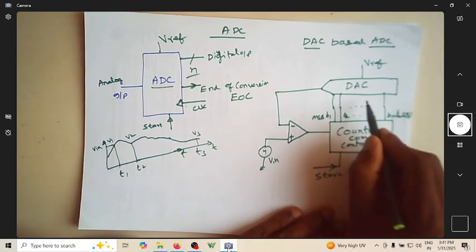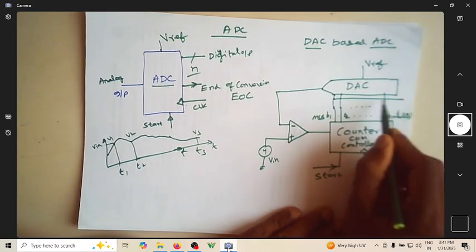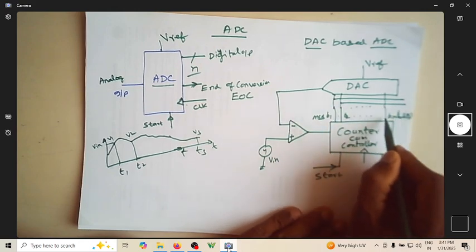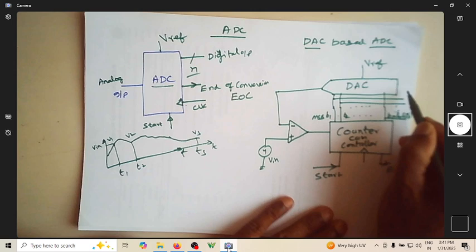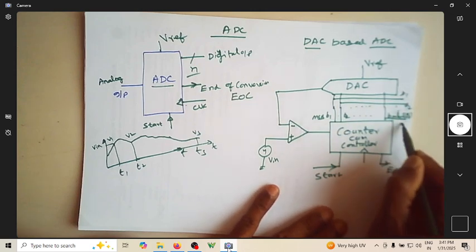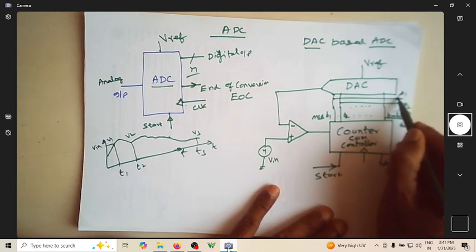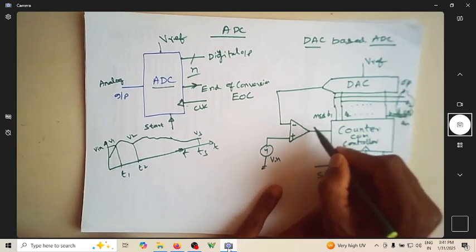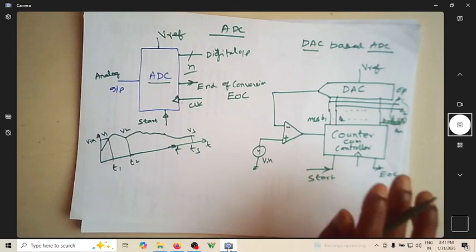This will be the output you are looking at. So this is B1, B2 up to Bn. This is my output, this is input, and this is the DAC.